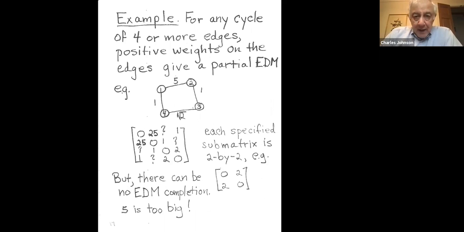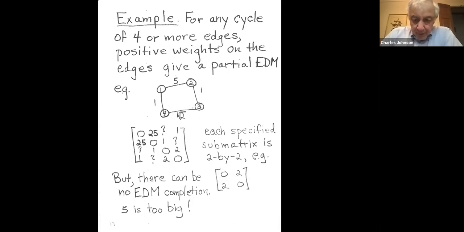So if I have any cycle with 4 or more edges in it, with positive weights on all the edges, then I have a partial Euclidean distance matrix. Here's a simple example. I've put on the edges the actual distances, and then I've put in the matrix, conventionally, the squared distances.